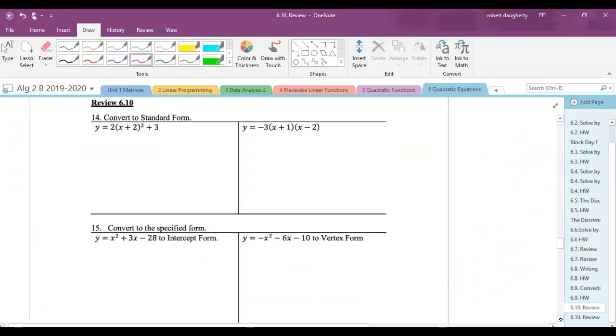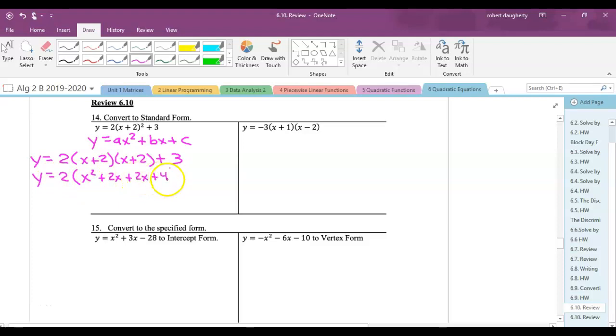Convert to standard form. I want this to look like y equals ax squared plus bx plus c. The only way to do that is to multiply out everything you see. So y is equal to 2 times (x plus 2)(x plus 2) plus 3. When I FOIL this, I get y equals 2 times (x squared plus 2x plus 2x plus 4) plus 3.